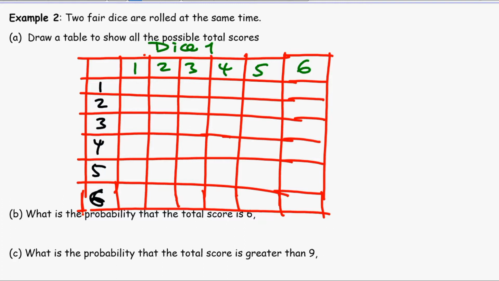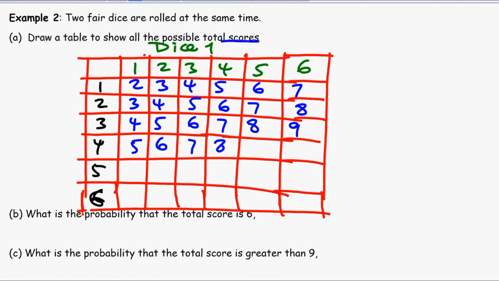So we want to find the total scores. The total scores here will be 2, 3, 4, 5, 6, 7. 3, 4, 5, 6, 7, 8. 4, 5, 6, 7, 8, and 9. 5, 6, 7, 8, 9, and 10. 6, 7, 8, 9, 10, and 11. 7, 8, 9, 10, 11, and 12.